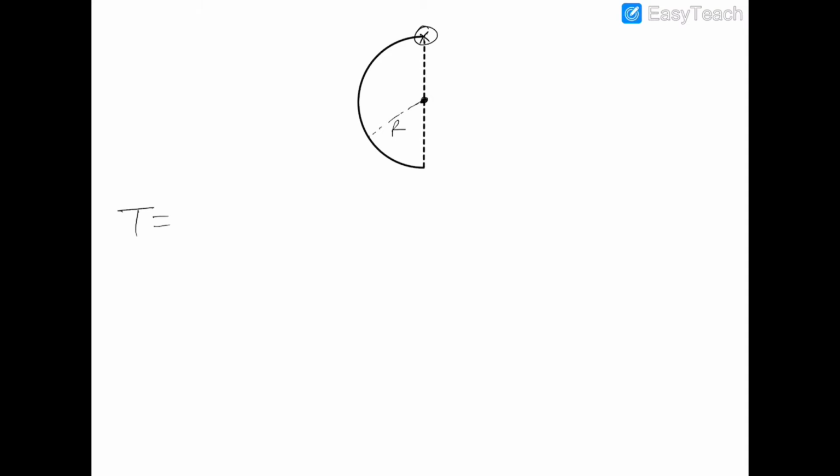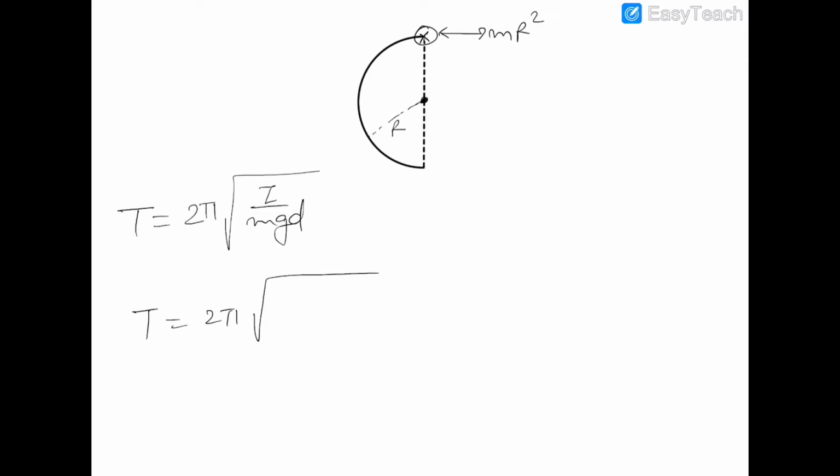So this is again a compound pendulum, and we know that for a compound pendulum the time period is 2 pi under root of I by mgd. So T will be equal to 2 pi under root of I, where I is the moment of inertia of the ring about this point. We all know that about this point the moment of inertia of the ring is mr square into 2, this is 2 mr square.